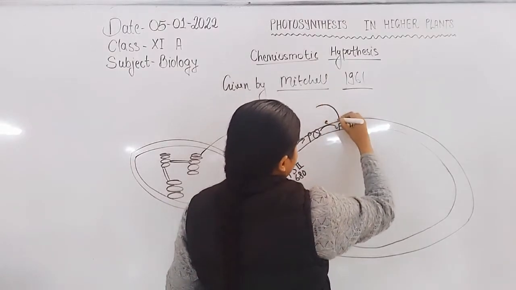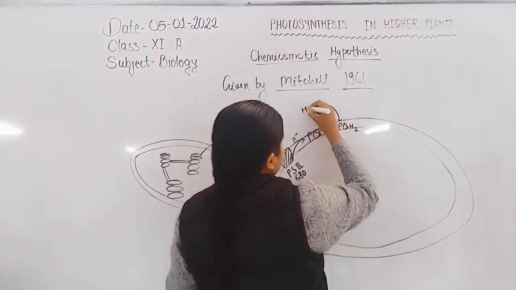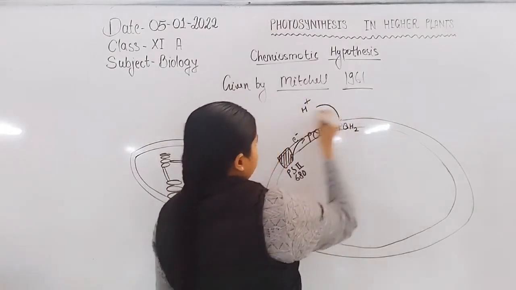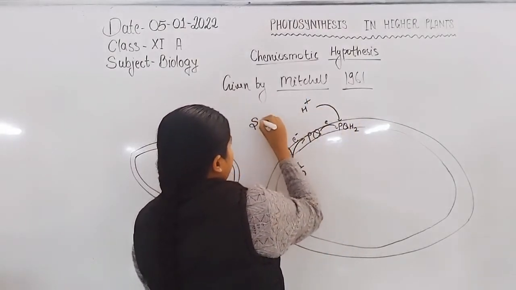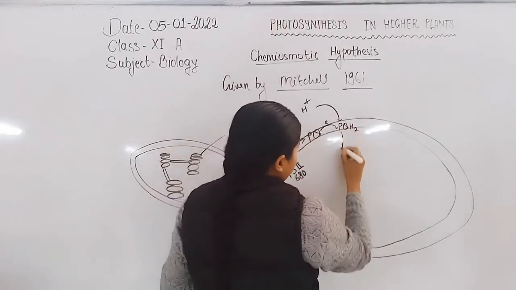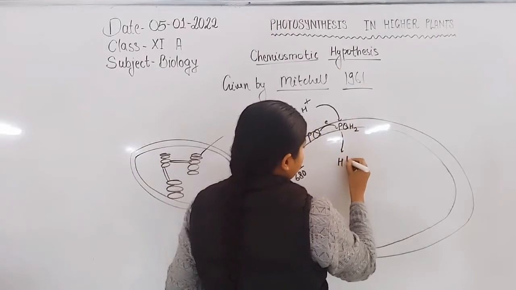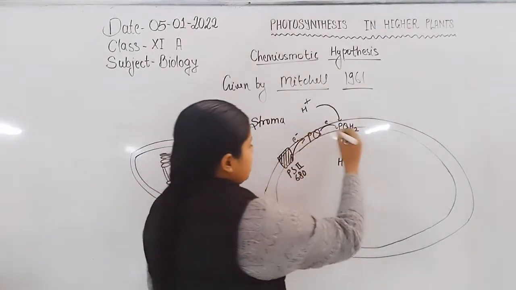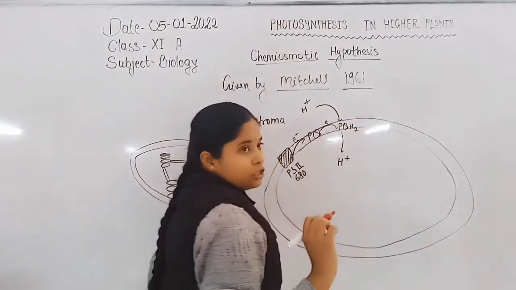What does the plastoquinone actually do? It transfers protons from the matrix or stroma into the lumen. So it transfers the electron in such a manner.